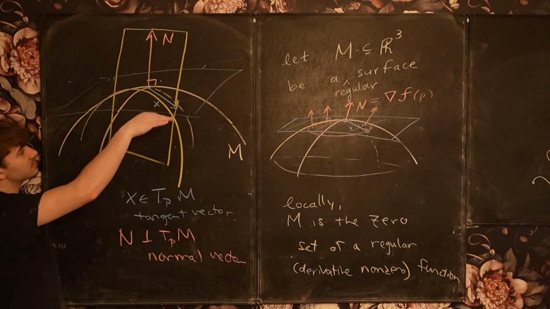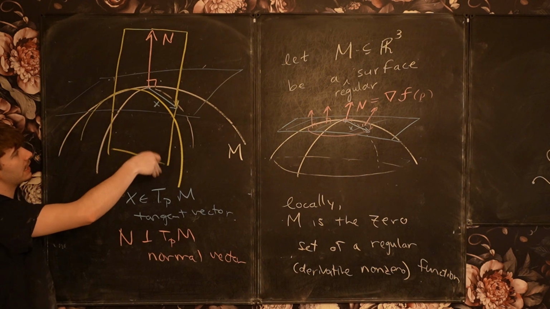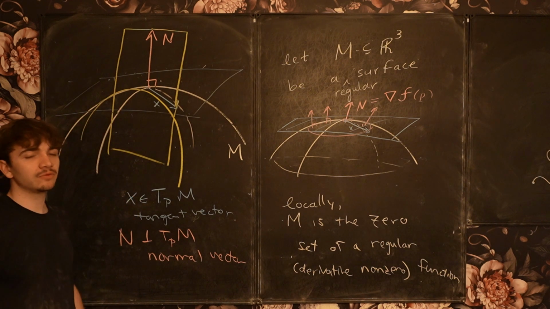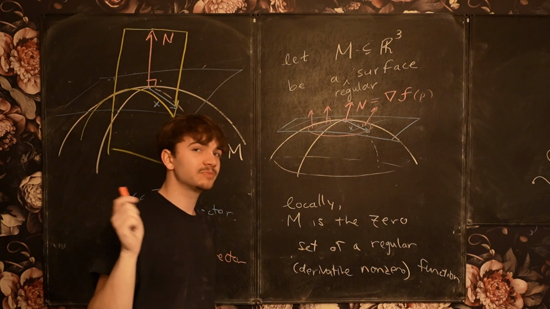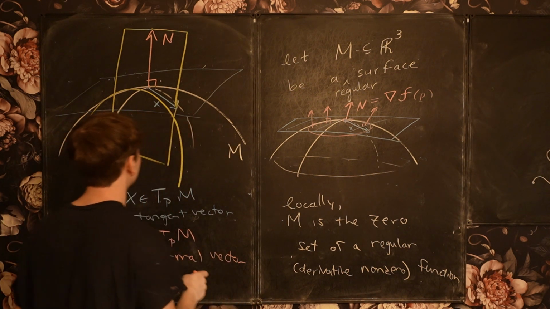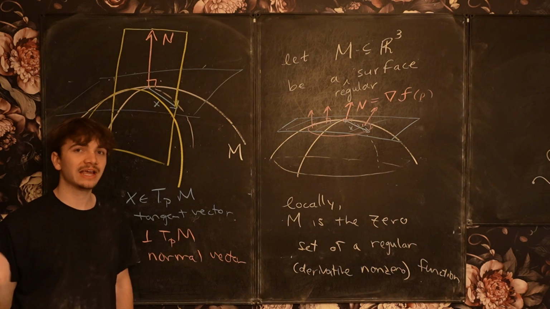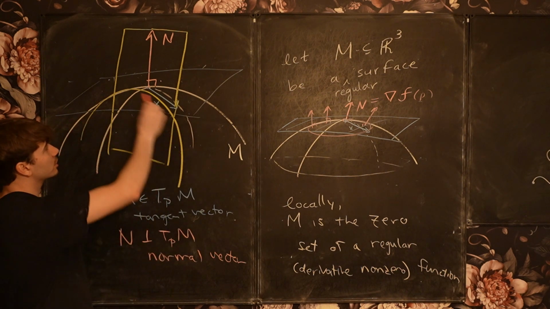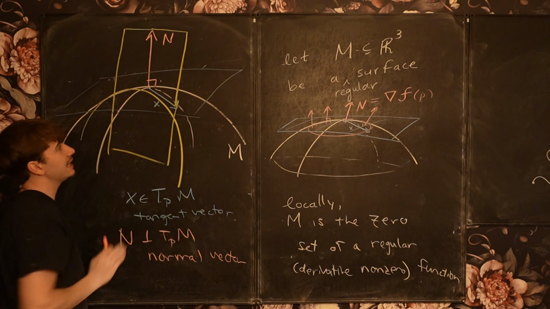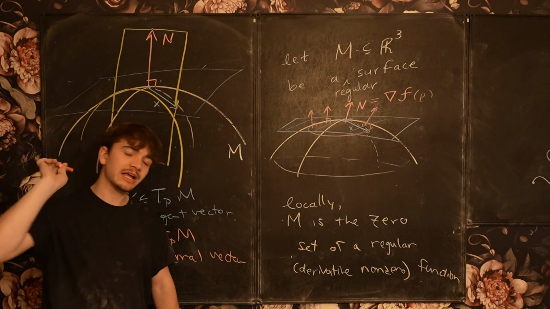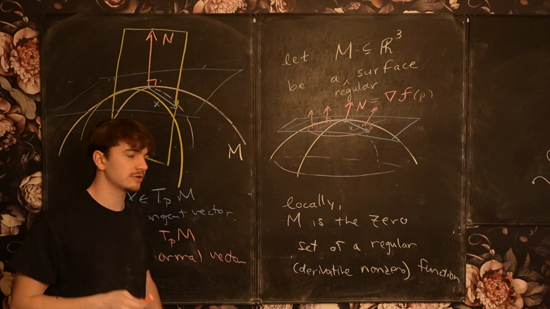If I look at the plane spanned by these two, and I slice the surface along that plane, what I get is a space curve. And not just a space curve, I get a plane curve, right? I get a plane curve that belongs to this plane spanned by n and x. And so I can understand the curvature of that plane curve, okay?